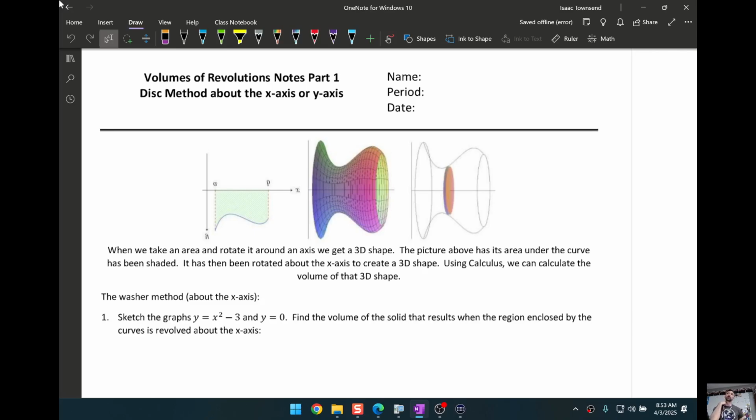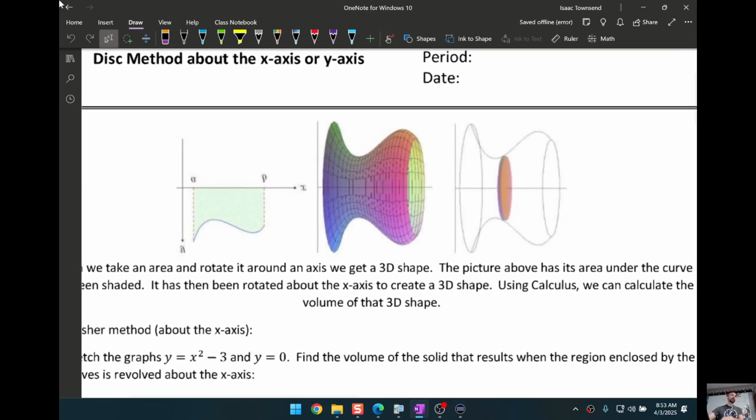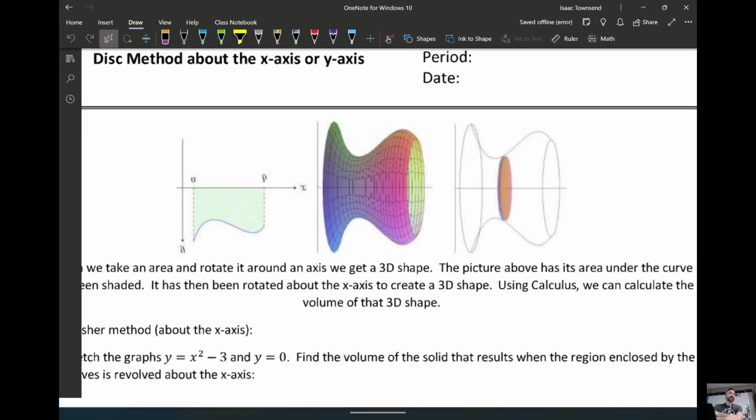They were either perpendicular to the x-axis or perpendicular to the y-axis. When you stack up those two-dimensional shapes, you get a three-dimensional shape. But overall, the answer-getting thing that you have to memorize is that you were integrating area. Well, we're going to be doing the same thing today. We're going to be integrating area formulas, but specifically circle area formulas. So DISC and washer method, we're going to be integrating pi r squared.